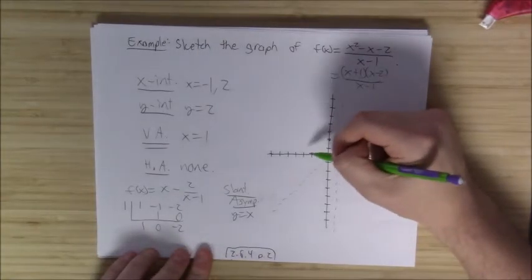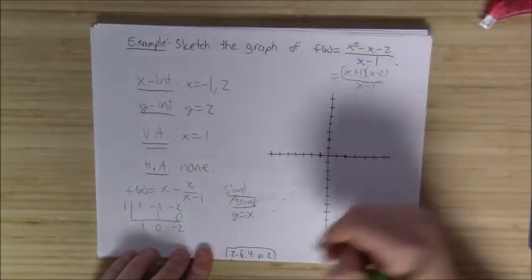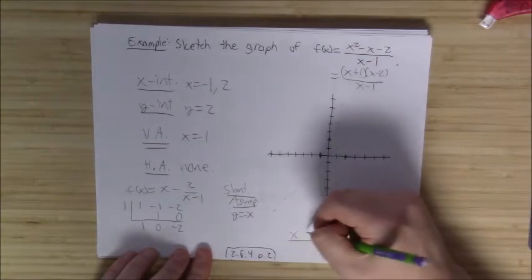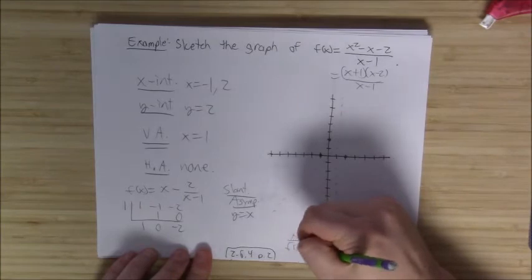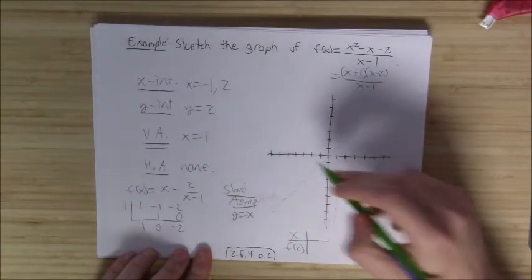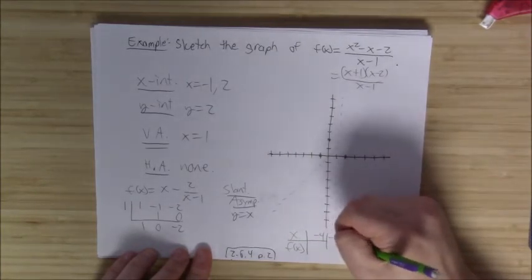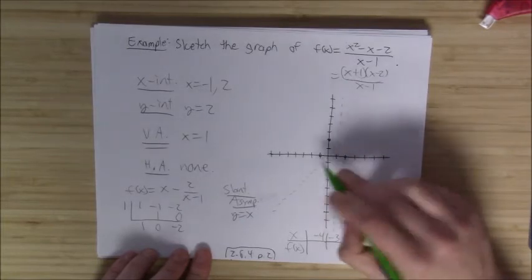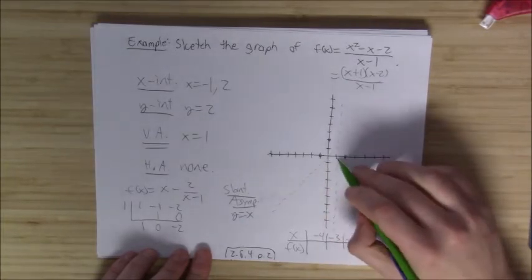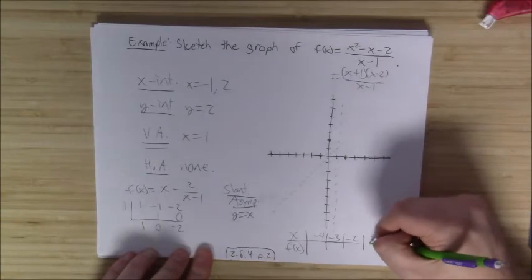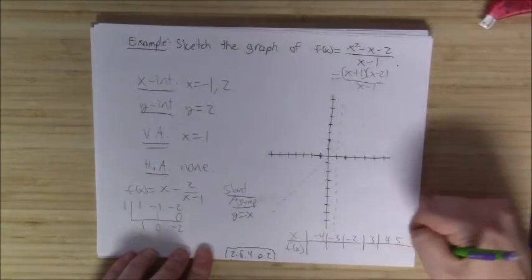Let's do f of x, for x equal -4, -3, -2. We know what happens at -1, 0, 1, and 2. Then 3, 4, and 5.